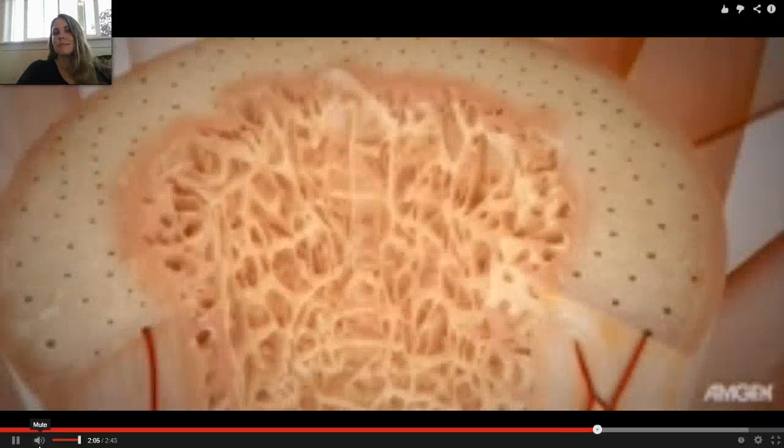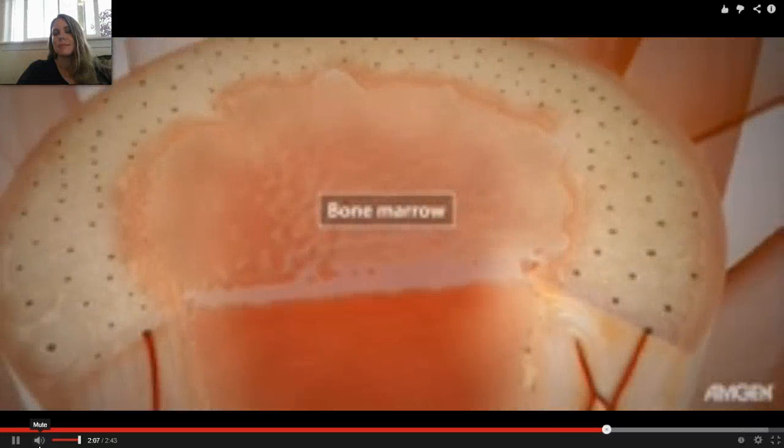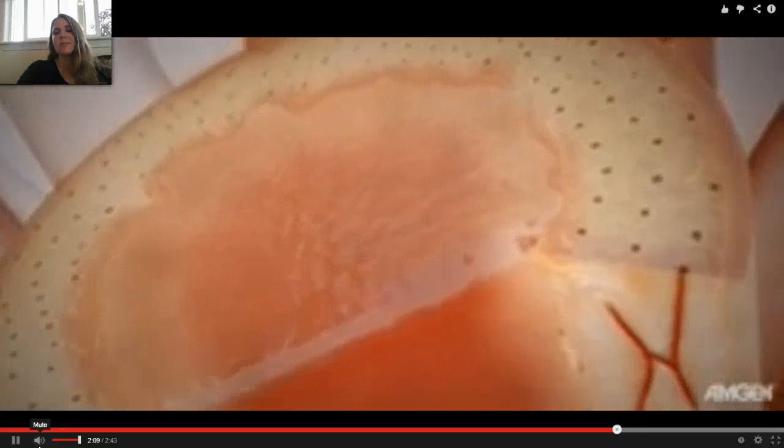Trabeculae are covered in a layer of flattened lining cells that are thought to be involved in the dynamic process by which bone is formed and broken down. Bone marrow is found within the interior of bones.